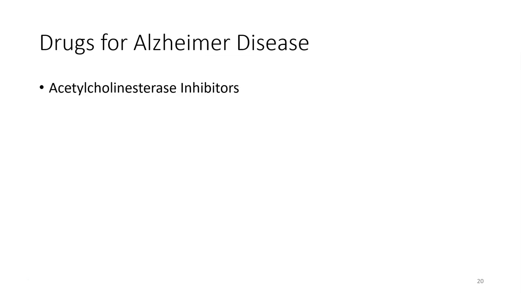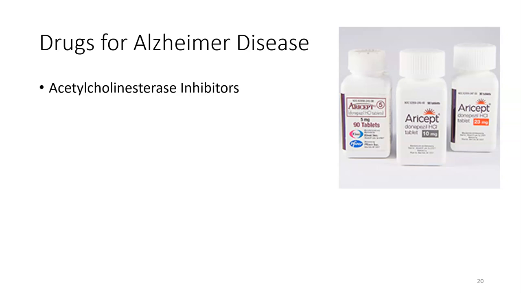Acetylcholine is a neurotransmitter that's important for memory and learning. So in Alzheimer's disease, they have less acetylcholine. So what we're going to do is increase how much is still working by not breaking it down. The most commonly prescribed drug for Alzheimer's disease is donepezil, which is Aricept.